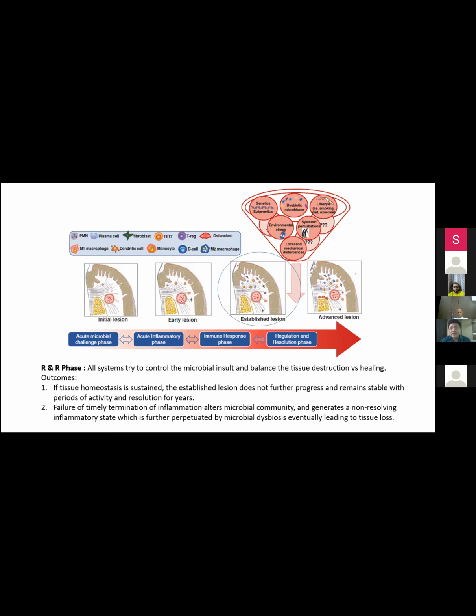But if the inflammatory and immune response is not terminated at the right time, then it progresses to periodontitis, becomes a non-resolving inflammatory state. And then because that funnel is continuously dropping those risk factors, the situation goes on worsening.